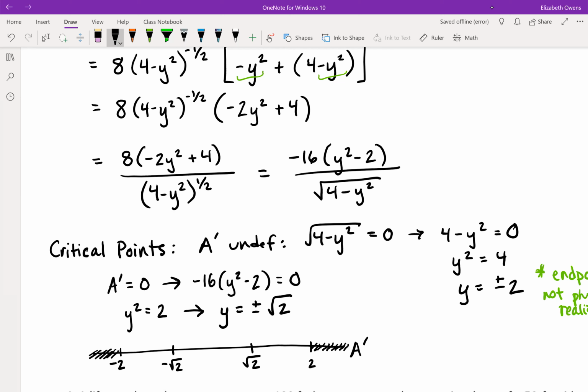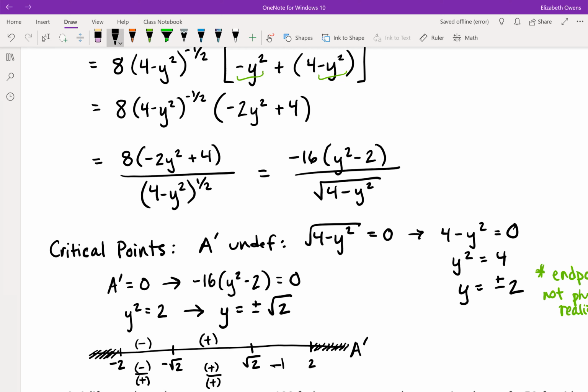I'll leave most of the calculations for you to test out, but you'd end up getting a positive denominator and a negative numerator for any value in this first interval. So that'd be a negative first derivative. In this middle interval, you would get a positive denominator and a positive numerator. Maybe pick a value like 0 in there. Positive first derivative.